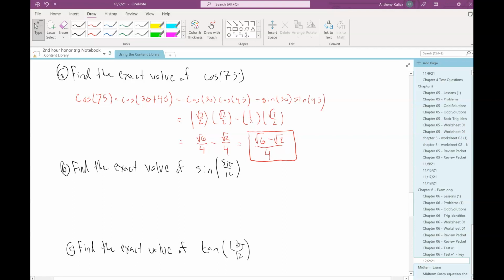5 over 12 into two fractions that can reduce. So, for example, I'm going to say 5 over 12 is the same thing as 2 over 12 plus 3 over 12.